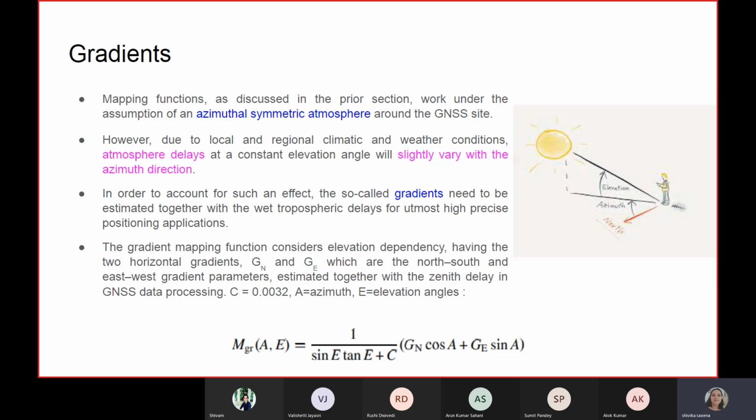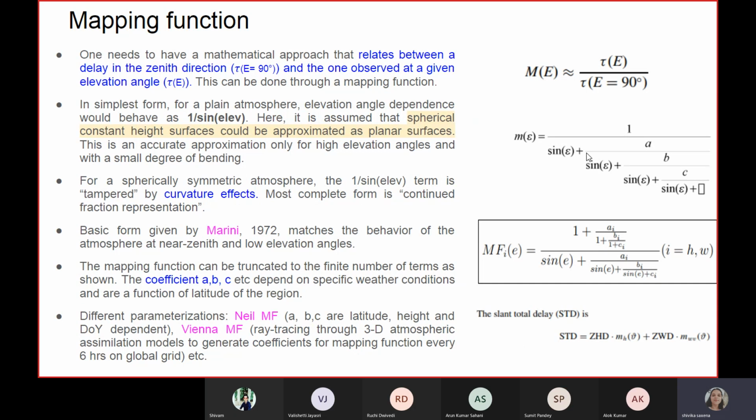So the mapping gradient function is a function of both azimuth and elevation, while the simple mapping function used to convert slant delay to zenith delay is only a function of elevation angle. If you remember, everywhere you can see sin E, mapping function of E. So this small e is the elevation angle.